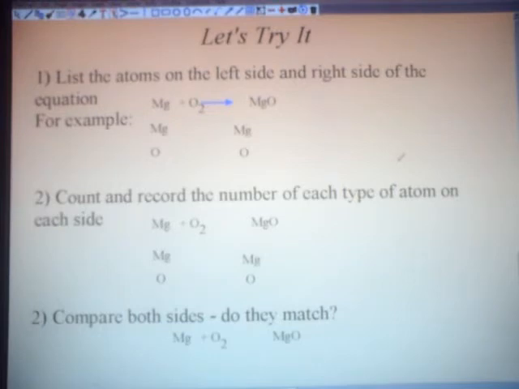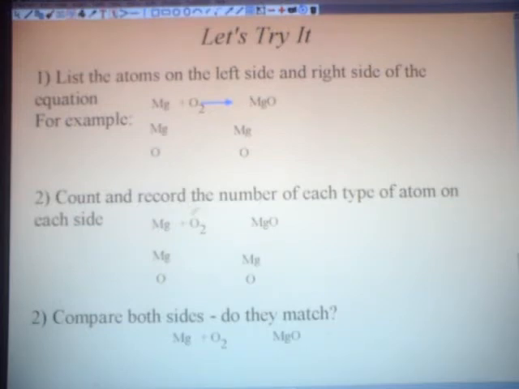The first thing we're going to do is list our atoms on the left and right side, and they've done that for us. On the left side I have magnesium, Mg, and oxygen, O, and I have those same 2 on the right side.